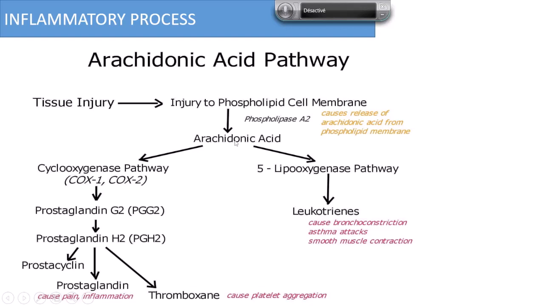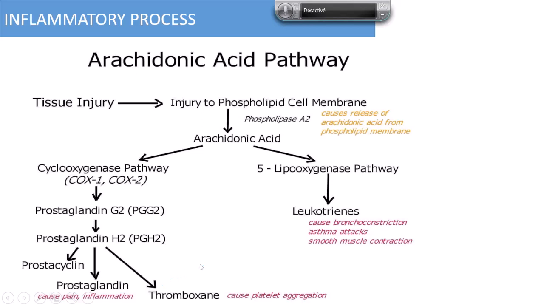From there are two pathways. Arachidonic acid can be converted by lipoxygenase into leukotrienes, or by COX-1 and COX-2, which stand for cyclooxygenase 1 and 2, into prostacyclin, prostaglandin, and thromboxane.